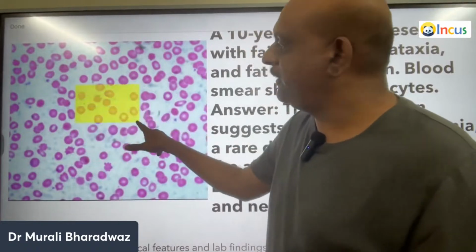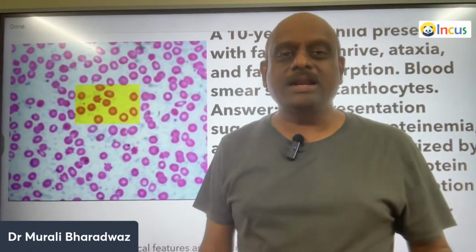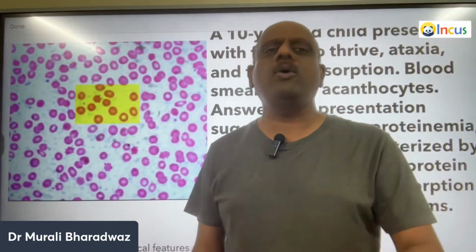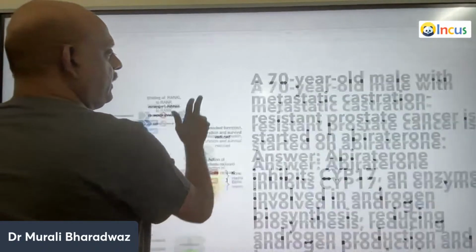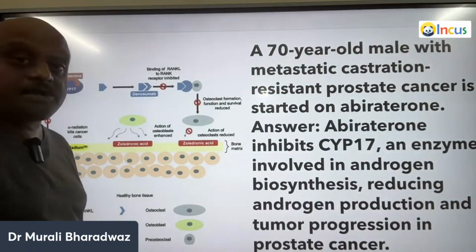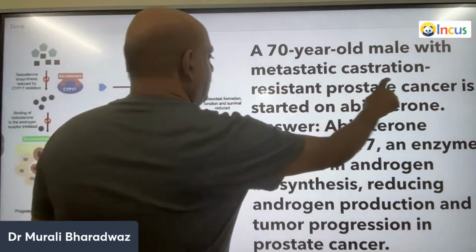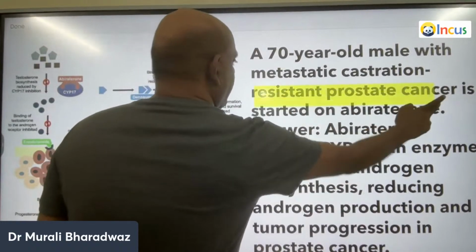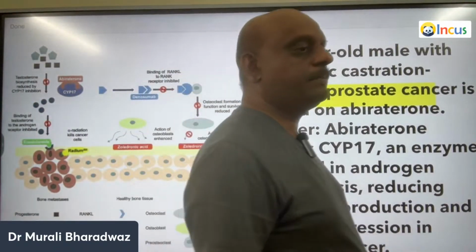So if you look at the peripheral smear, what do you see, doctor? Acanthocytes, which are seen in the case of abetalipoproteinemia, is what you need to remember. A 70-year-old male with metastatic castration-resistant prostate cancer. So why do you do castration in case of prostate cancer?